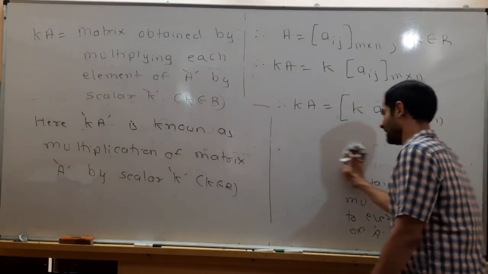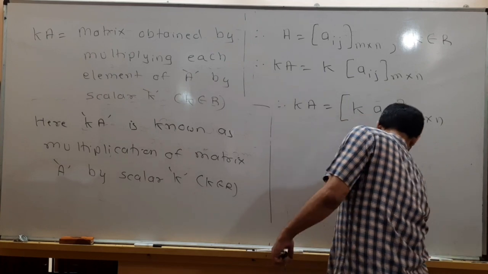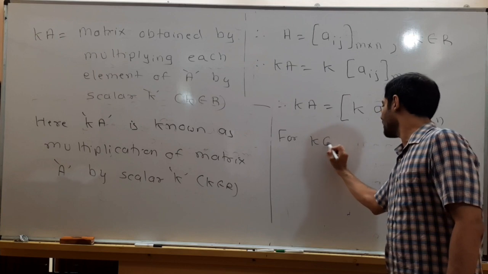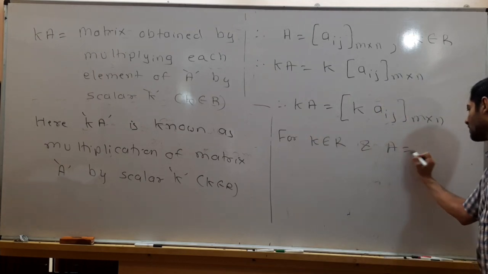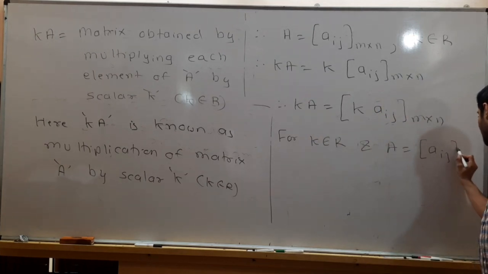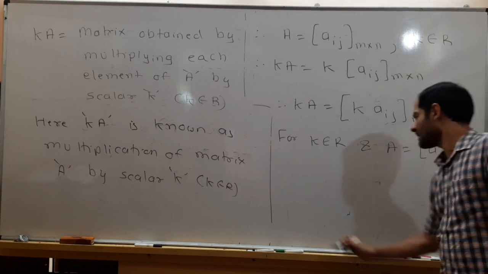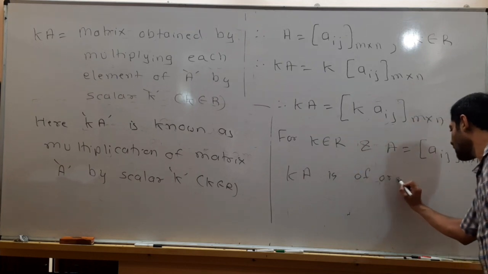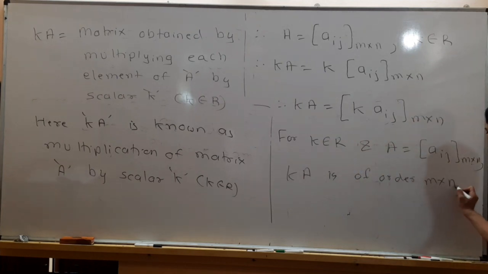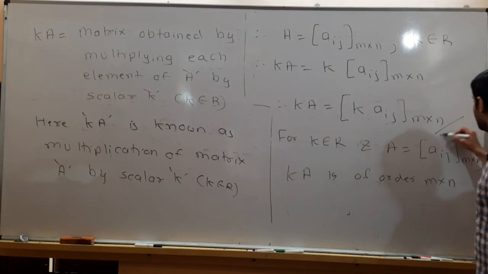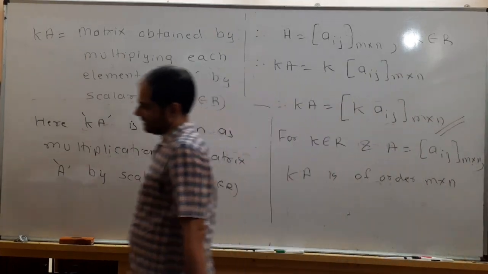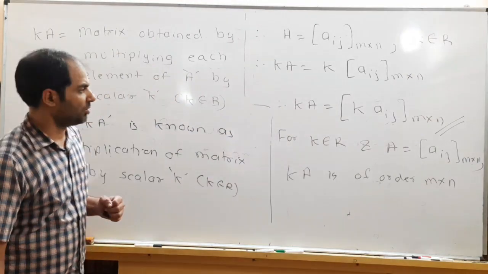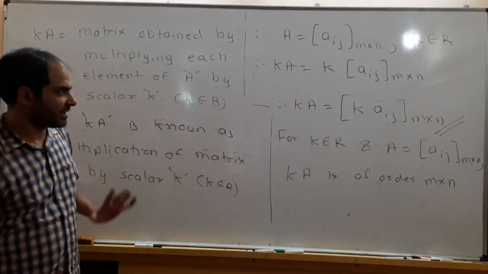So for K belongs to R and A equal to Aij of the order m cross n, Ka is of order m cross n, and this is K into A, multiplication of matrix A by a scalar K. I hope it is very much clear.